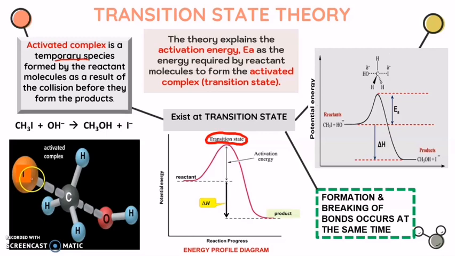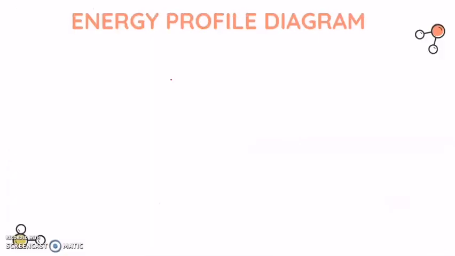The C-I bond of CH3I is breaking while the C-O bond of CH3OH is forming as the activated complex. This activated complex is the species that exists at this state, which is the transition state. So that's all about the transition state theory.